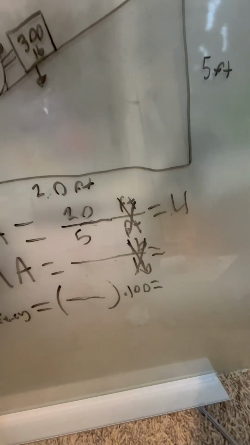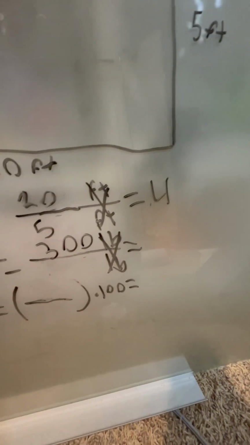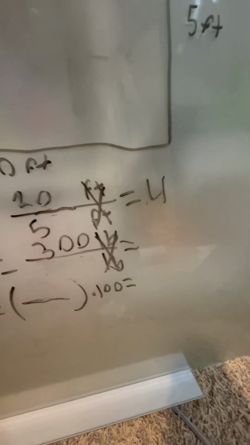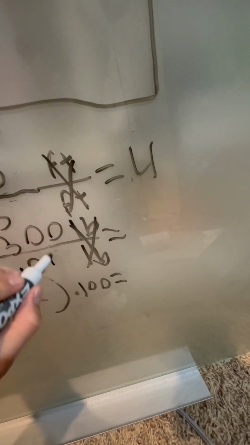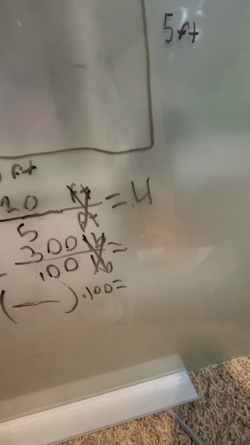Meanwhile, for AMA, we have a resistance force of 300 pounds divided by effort or input force of 100 pounds. 300 divided by 100 is 3.